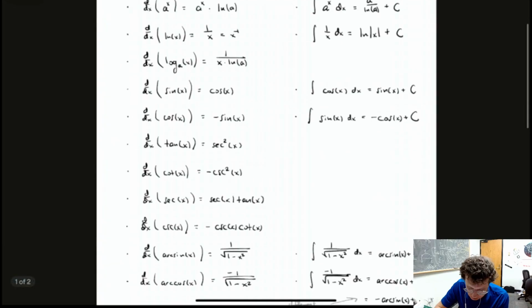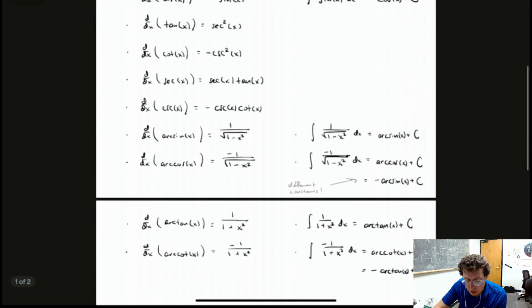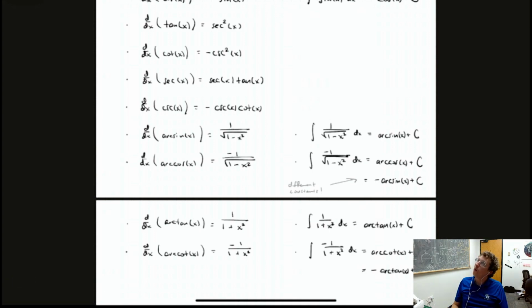Okay, so this is a pretty complete list of all the functions that you know about, or rather, it's the building blocks of all the functions you know about.